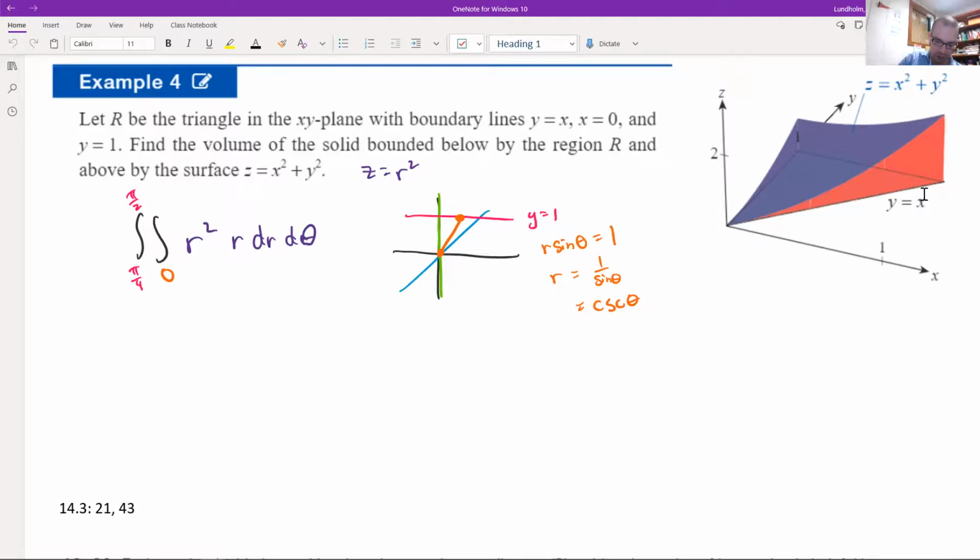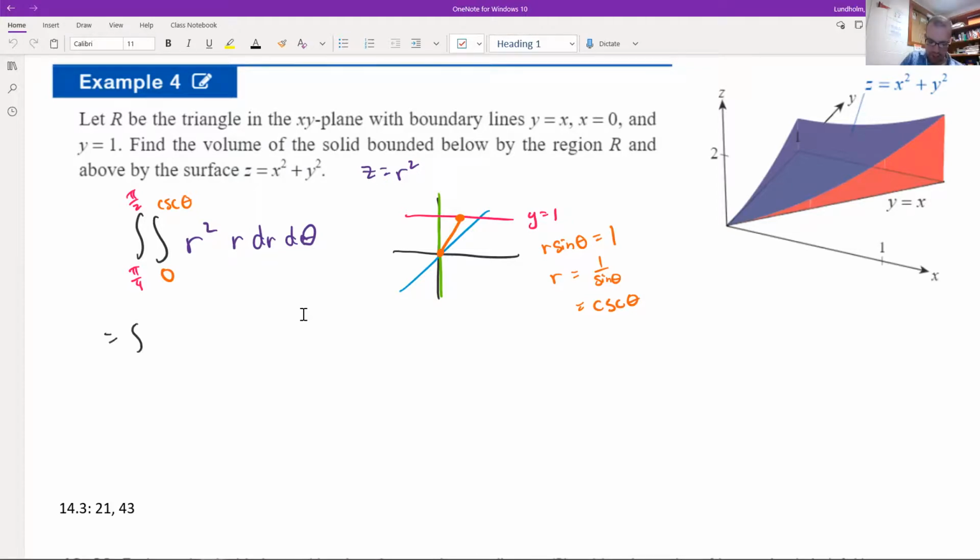Okay, so we're integrating from 0 to the cosecant of theta. And we've got our function, and this is how we would go.